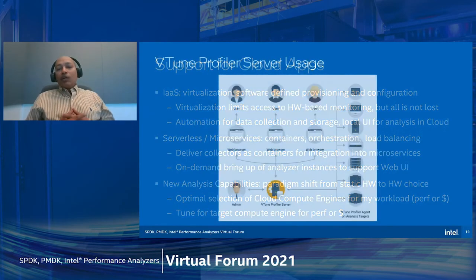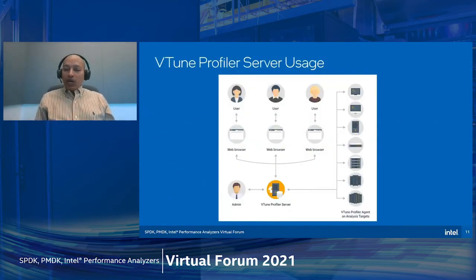Next, I'm going to talk about the vTune Profiler server usage model. Here, the vTune server is running in the cloud or in your data center, and a team is able to use that server for all their analysis needs. Any workload running on any of the target systems in your network can run the vTune Profiler agent, and the agent calls back into the server for authentication and security.